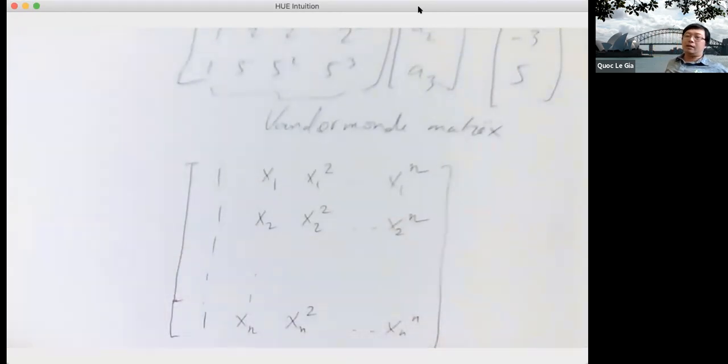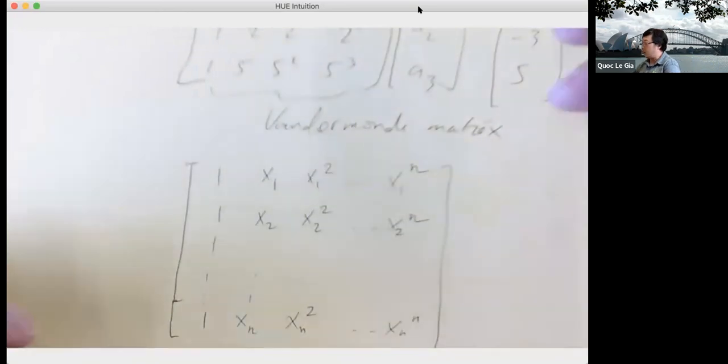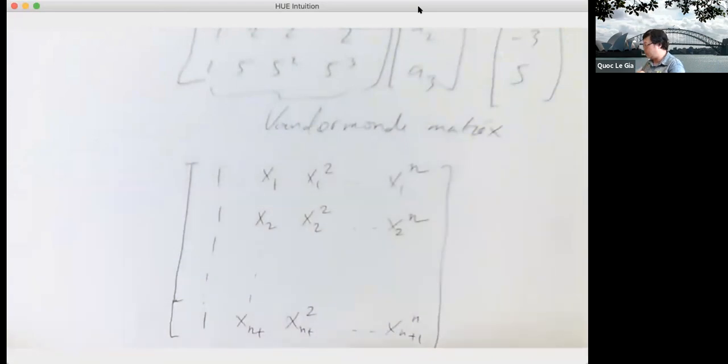Okay, and you can say that n minus 1, no, why n minus 1? Because remember we have n plus 1 points, yeah? So actually it should be n plus 1, okay, sorry. Because we have x1, x2, x3, x4, so this one should be n plus 1, yes, thank you. So the last row is x of n plus 1, yeah?